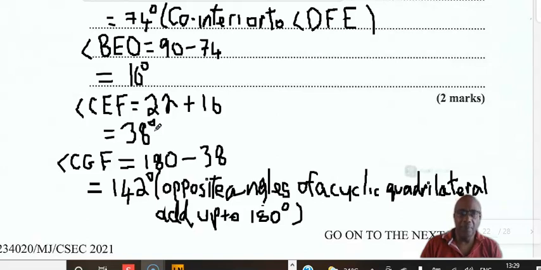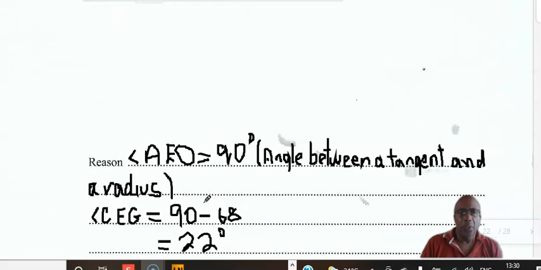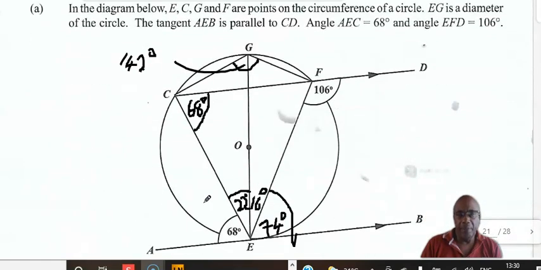And finally, since angle CEF is the opposite angle in the cyclic quadrilateral to what we want to find, CGF, therefore angle CGF is 180 minus 38, which is 142 degrees. So back to the diagram.